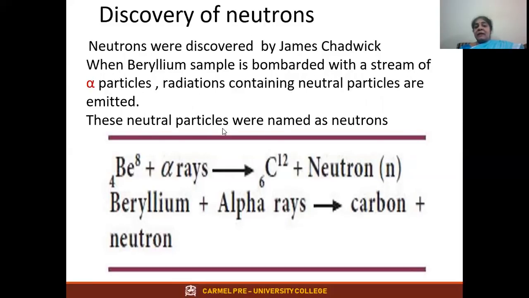These neutral particles were named neutrons. So how was the neutron obtained? When beryllium was bombarded with alpha particles.